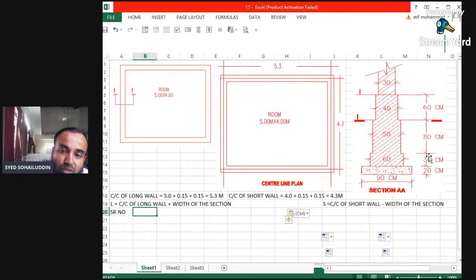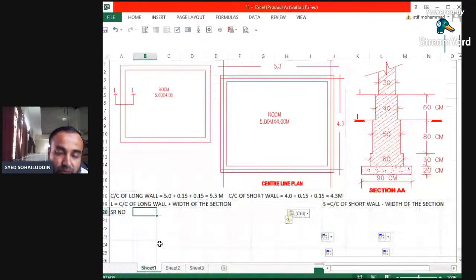Okay. The same procedure which we have used for PCC and for excavation, we will use for uncoursed rubble masonry, because this is for load bearing structures. In practical insights, whether you have seen or not, these are load bearing structures, in which these are the uncoursed rubble masonries.